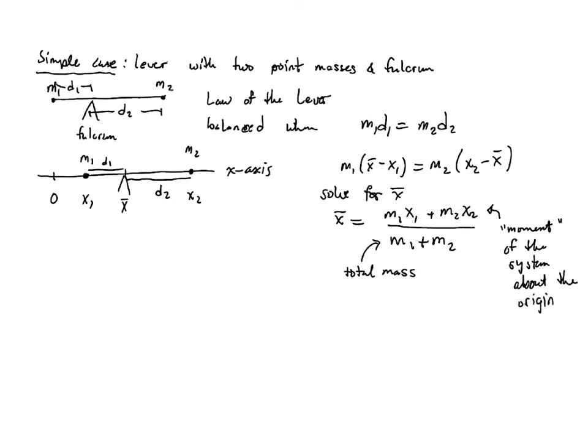And if you like, and the book does like, this is precisely the sum of the individual moments. In other words, the system with 2 point masses has 2 individual moments: precisely the first term m1 x1 is the first moment, and the term m2 x2 is the second moment of the system.